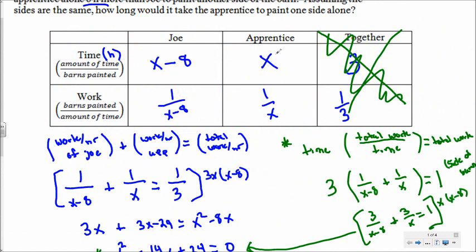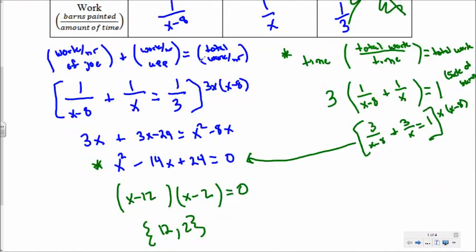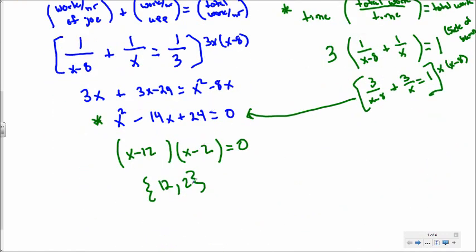If x was 2, it takes the apprentice 2 hours, but then it would take Joe negative 6 hours if you plug in 2. Now that's a problem because negative hours means he's gone back in time to paint this barn. And unless he has a TARDIS, that doesn't seem possible. So what we have to do is reject this value 2, and I get that it takes the apprentice 12 hours to paint a side of the barn on his own.